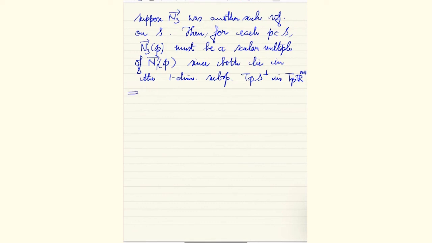So this implies that there is some smooth function g on S such that n3(p) is g(p) times n1(p), for all p in S.